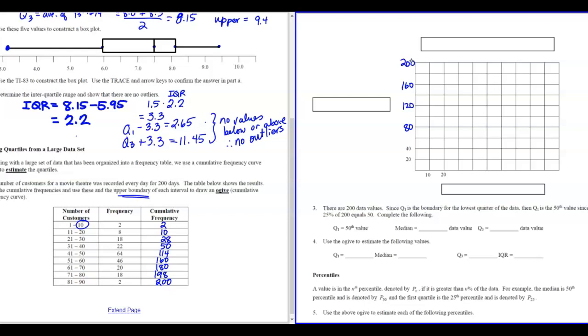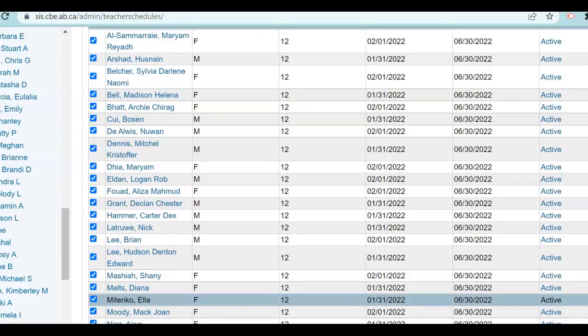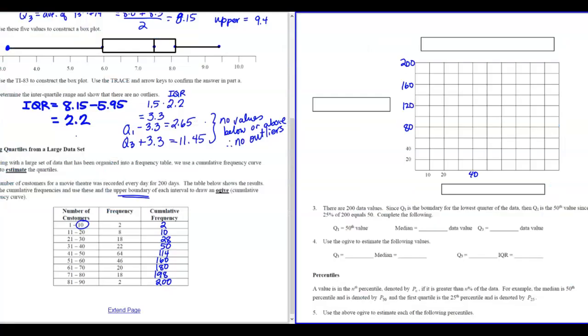Then these ones here, it started for you. It's going up by 10s. So then every 2 would be going up by 20s. Okay, 40, 50, 60, 80.